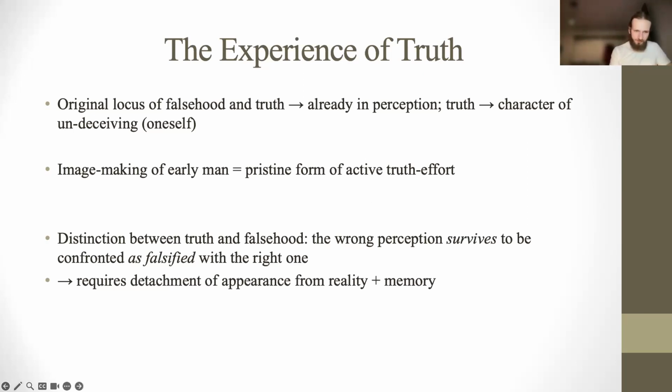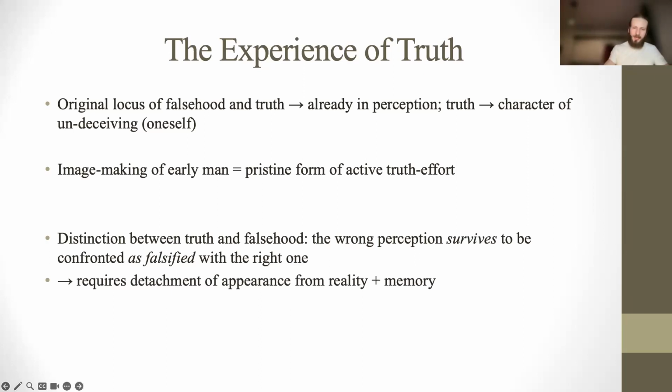And when he talks about how this works, I don't know if he uses this example, but falsehood and the distinction between truth and falsehood is something that is exclusive to man, in that the wrong perception survives to be confronted as falsified with the right one.